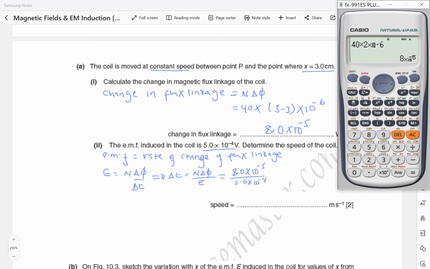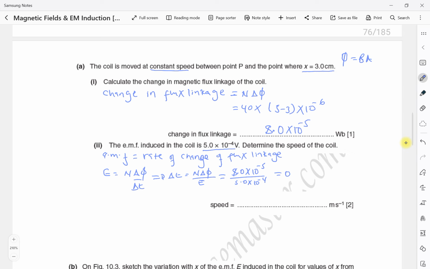So when you divide this, you have the answer 0.16 seconds. So that is the time.